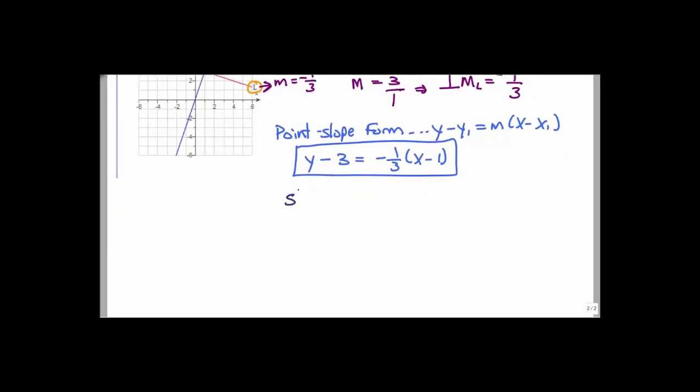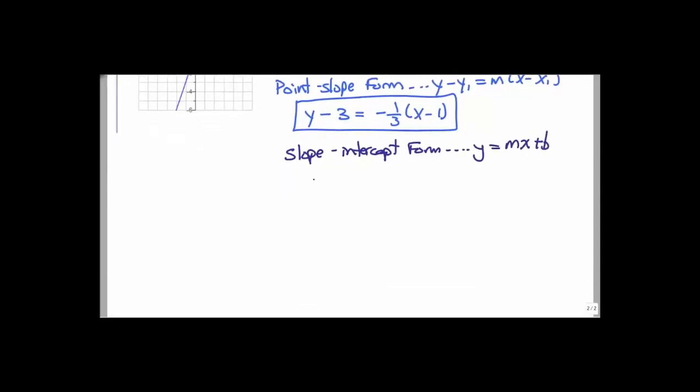Now for our next one, we want the slope-intercept form. Now from my picture, I already know that my y-intercept better be between 3 and 4. So this is y equals mx plus b. Well wait a minute, I can start right away. I know what y is.